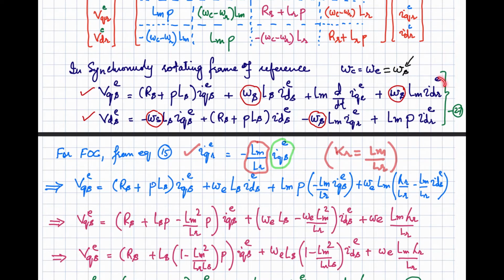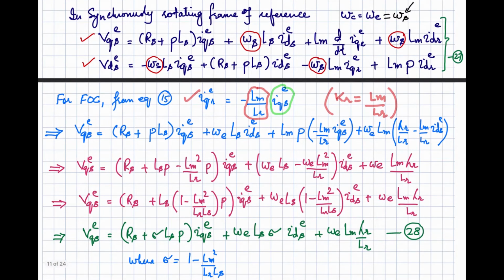So we will be replacing these terms IDR and IQR with the help of this equation, because with the help of this, the currents IQR and IDR can be represented in terms of the stator current. So using this equation that we derived in the last lecture, in equation 15, we can write down this q axis equation like this.